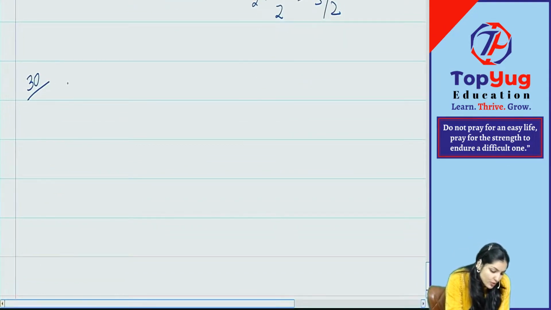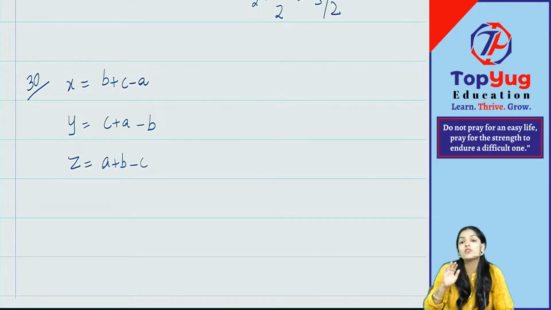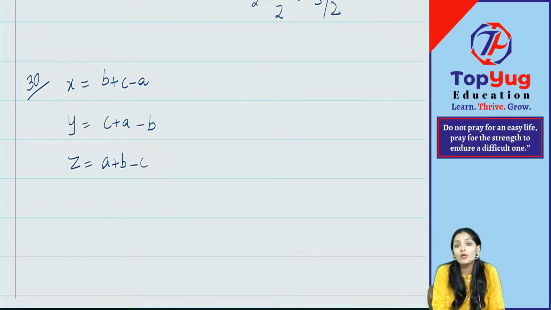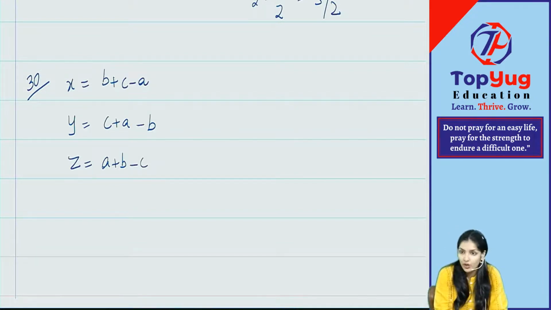How we will do the substitution method is x is equal to b plus c minus a, y is equal to c plus a minus b, z is equal to a plus b minus c. I can use the k method. There are a few more problems in indices where you'll understand what I mean by k method. For now we won't be doing the k method. Whatever values we got.